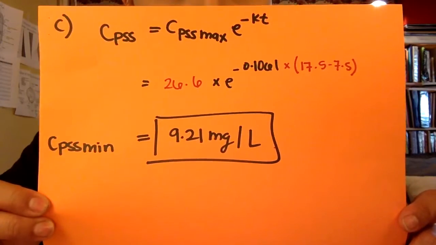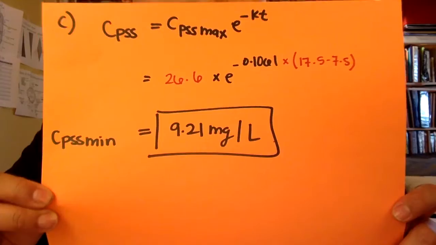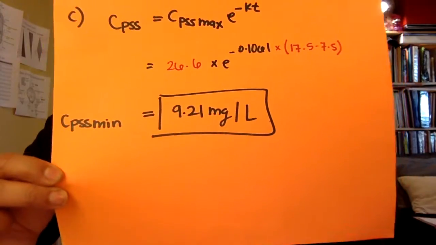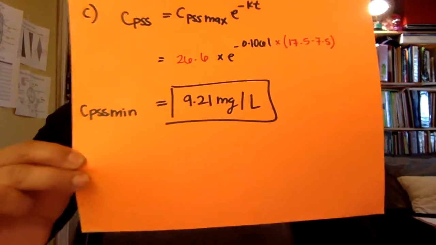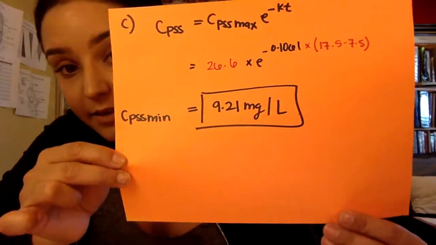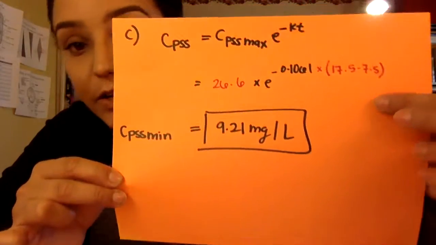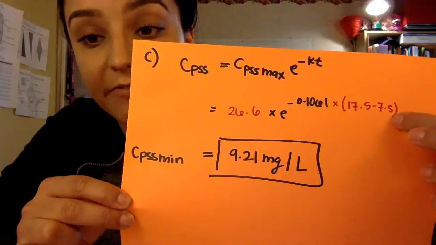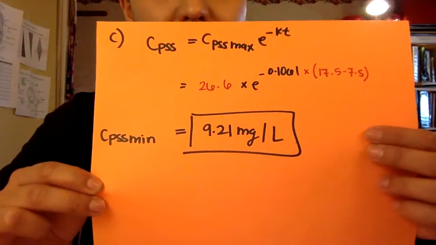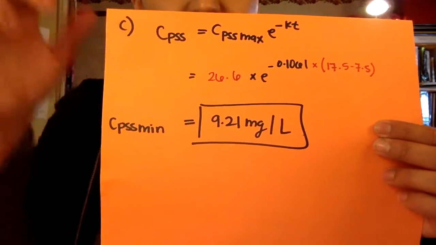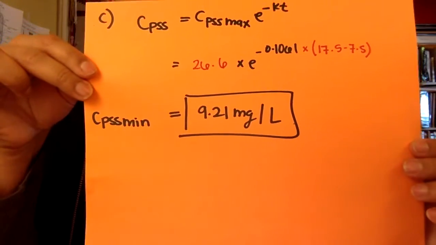Your k is still the same, but now your delta t is 17.5 minus 7.5. And then you're using the 26.6. The reason you're using the 7.5 is because for your CPSS max, you're using that 26.6 concentration. So your times and your concentrations have to line up.